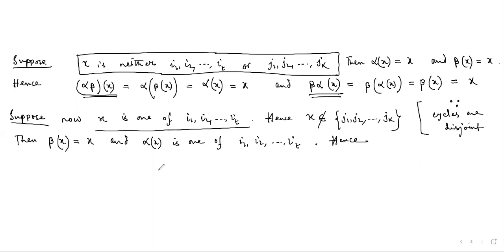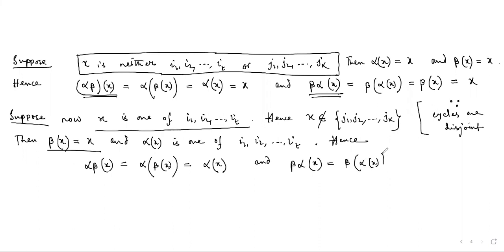Hence, alpha beta of X will become alpha of beta X. Now, beta X is X, so we can write it as alpha X. Let me write beta alpha of X in this way: beta alpha of X will be equal to beta of alpha X. Since alpha X is one of these elements I1, I2, ..., IT, alpha X does not belong to the set J1, J2, ..., JK.